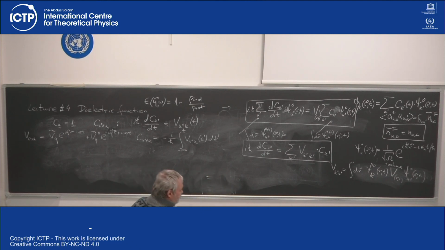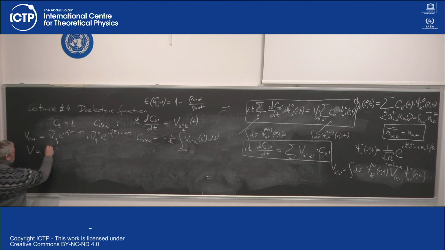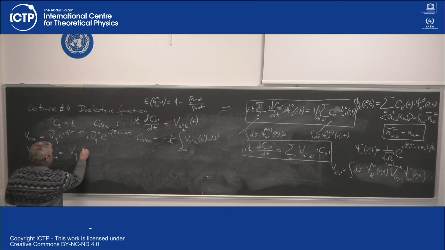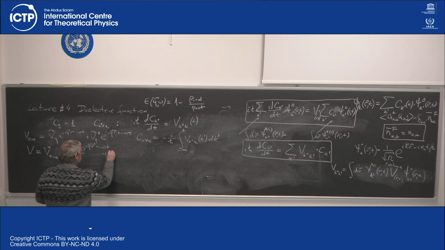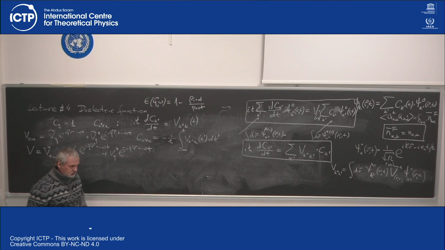But I need to have a total potential. Therefore, I'm saying that if I insert charges into the system with some effective external potential, the total potential will follow the same form. Therefore, V, which is the total potential, which I'm going to find at the end of the derivation, is equal to V_q, some other matrix element not coinciding with this, times e to the power i q r minus i omega t plus V_q star e to the power minus i q r plus i omega t.